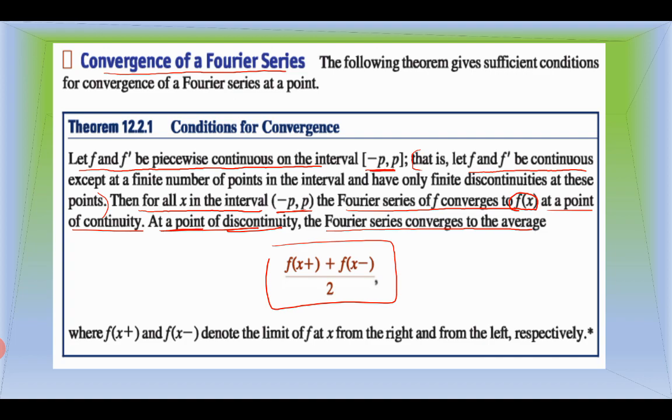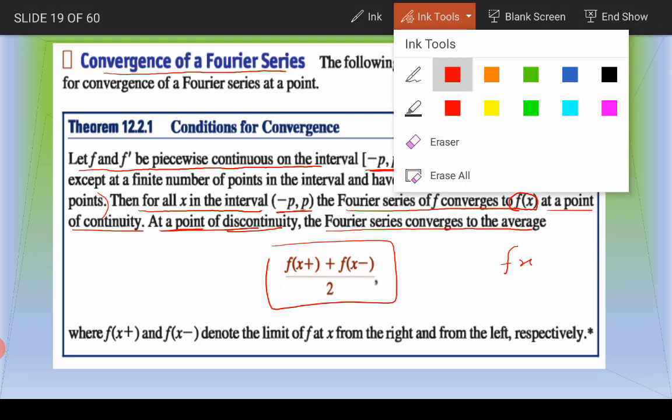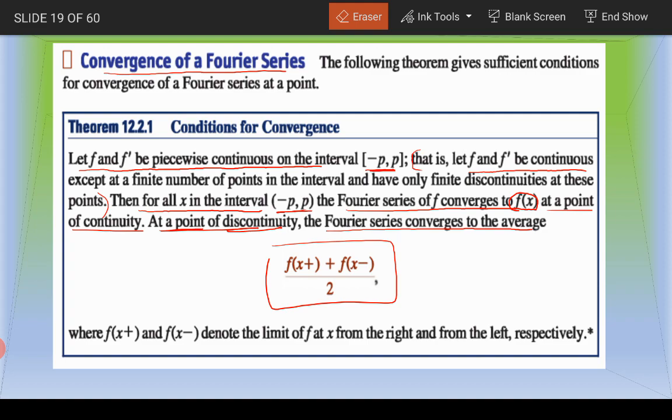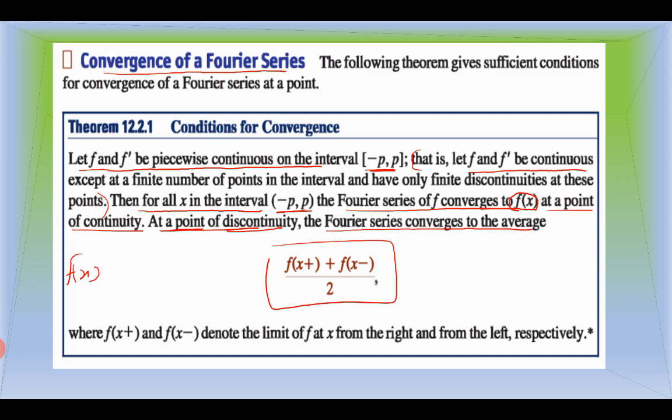What do you understand from this one? Let us take a function f of x. f of x is equal to negative 1 in the interval negative pi to 0, and positive 2 in the interval 0 to pi.